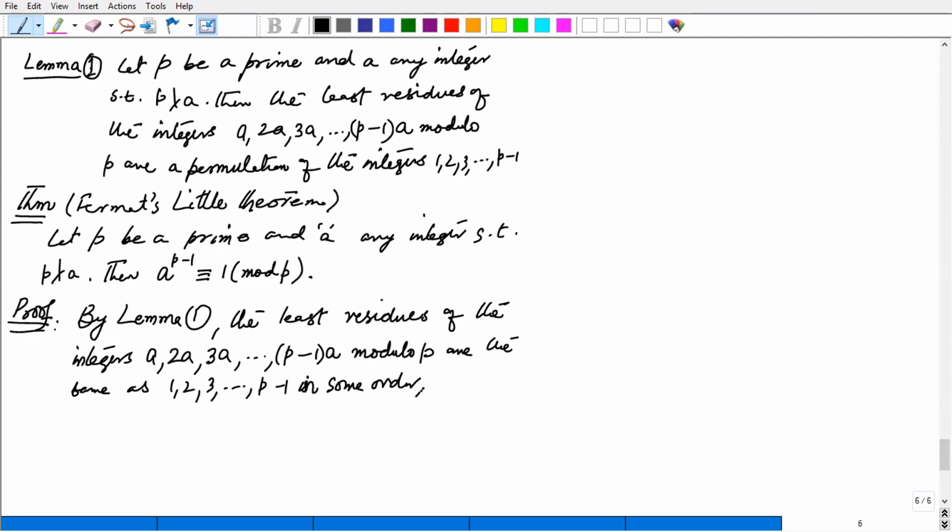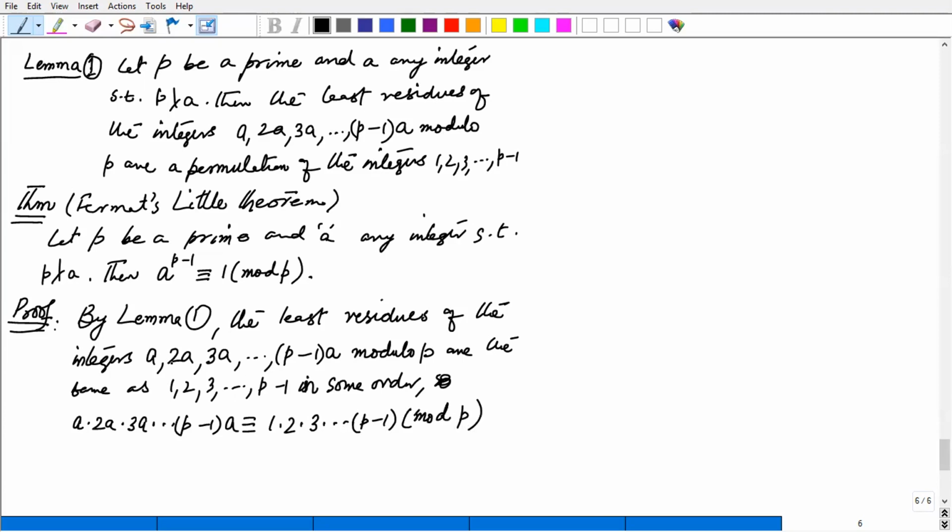So their product is congruent modulo p. Let me write: a times 2a times 3a times p minus 1 times a is congruent to 1 times 2 times 3 times p minus 1 modulo p.